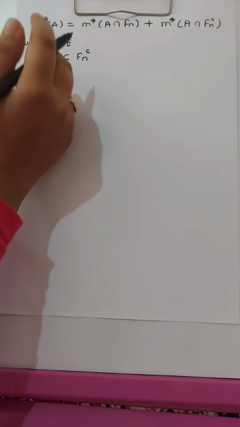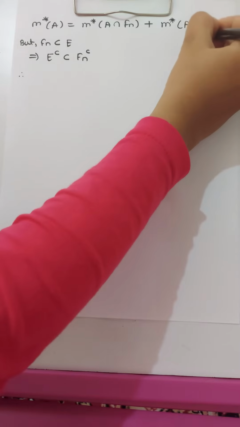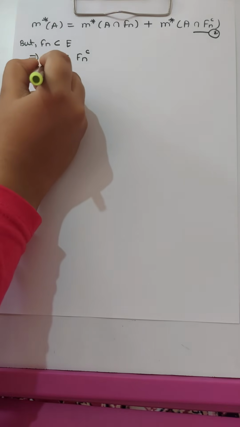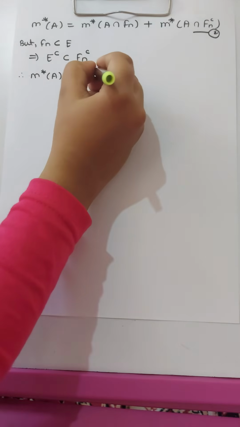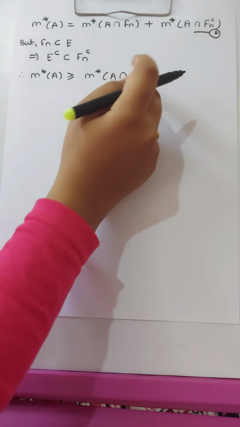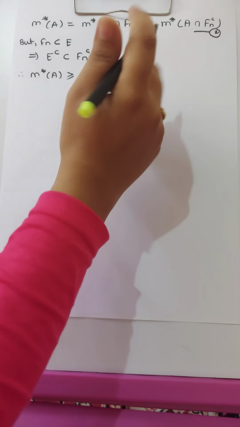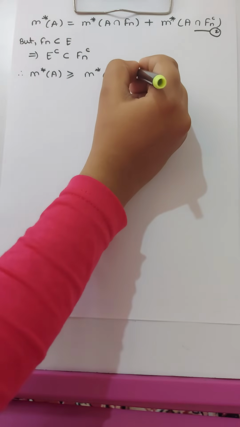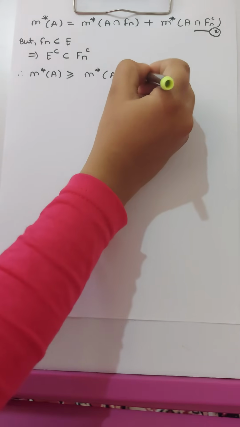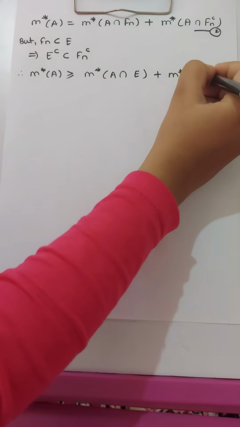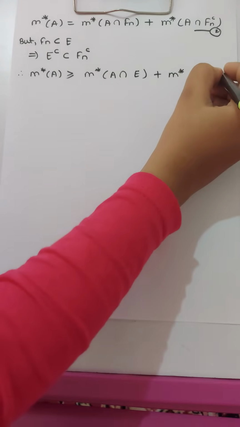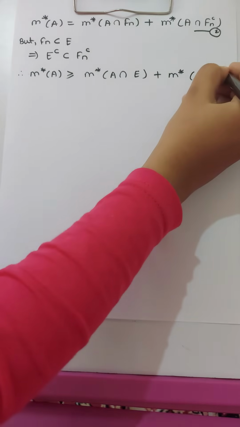So from the second equation we get outer measure of A is greater than or equal to outer measure of A intersection Fn plus outer measure of A intersection E complement.